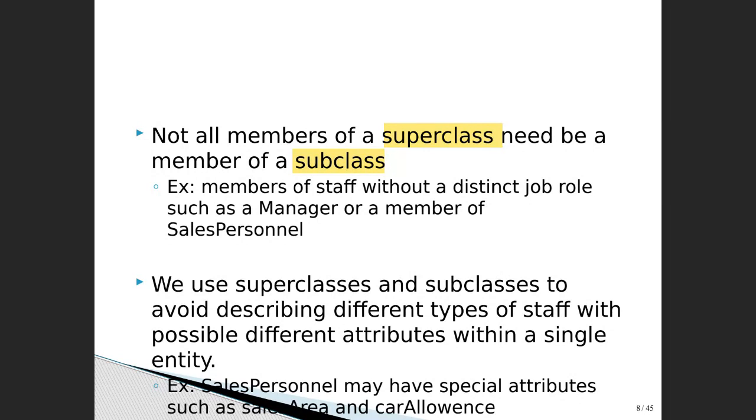So we can also differentiate between the shared attributes. We have two types of attributes in this case. We have shared attributes in the superclass, and all subclasses will be sharing the same attributes, and the other type, specific attributes related to each subclass.